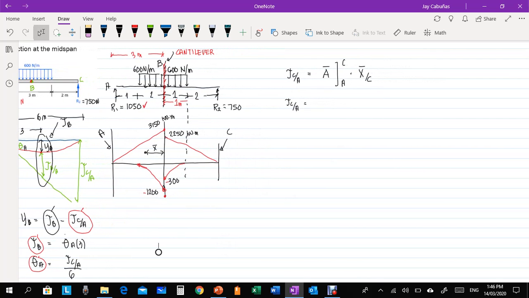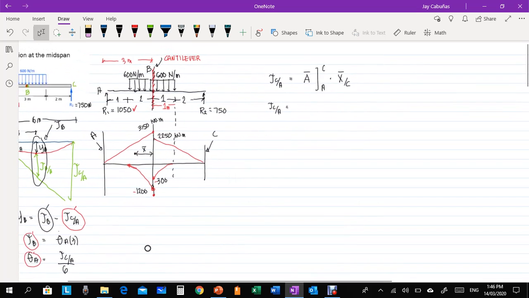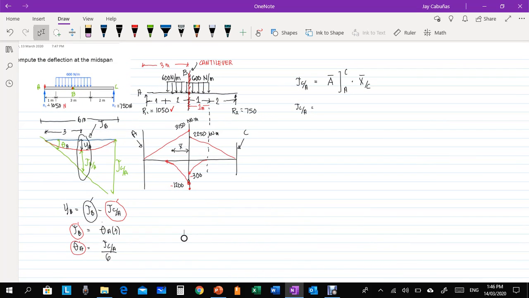So we have first this triangle, that is 1/2 times 3,150 times 3, right? Times the centroid from C. Okay, so that is the centroid from C. We have what?